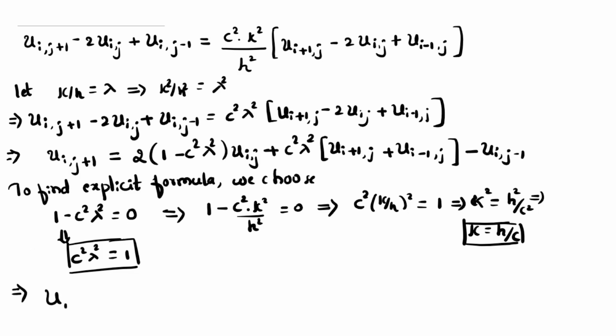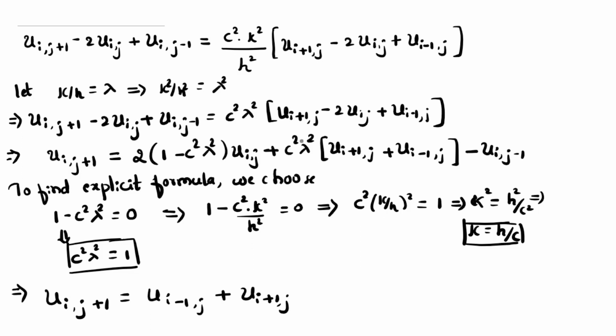So it is u I comma j plus 1 equal to u I minus 1 comma j plus u I plus 1 comma j. How did I write this?